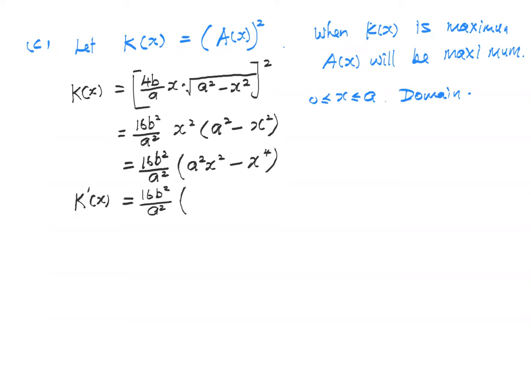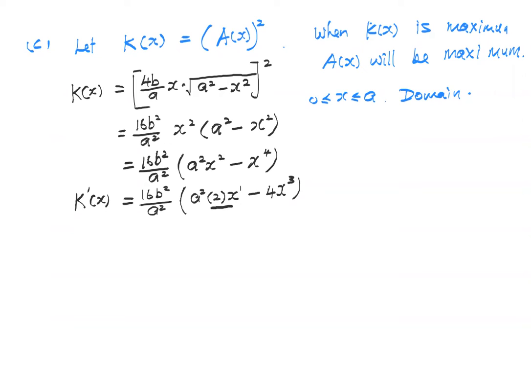So now for this one, multiply by the power, take away 1. Multiply by the power, take away 1. Okay, so now there is a common factor called 2x.